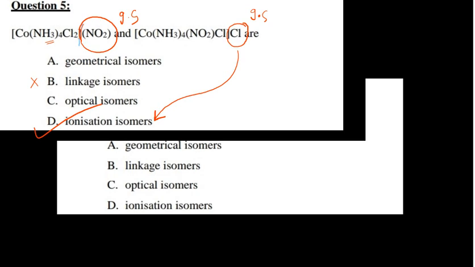So these are the ionization isomers. Sorry, earlier I thought that we are looking for isomerism, but the question asked for the isomers. When the question asks for the isomers, these two are ionization isomers, option D, as only the ionization sphere is having different ions.